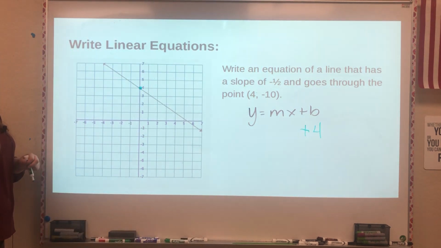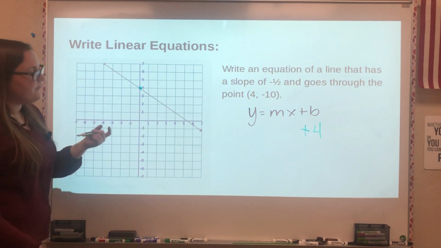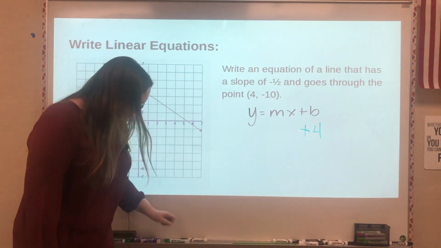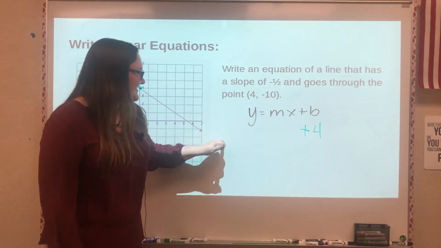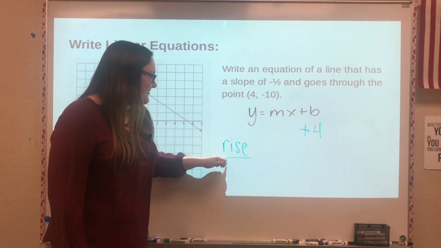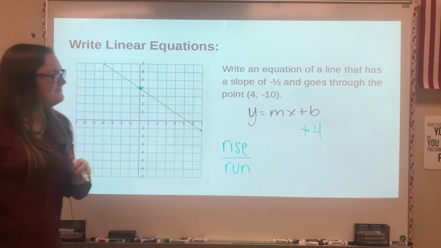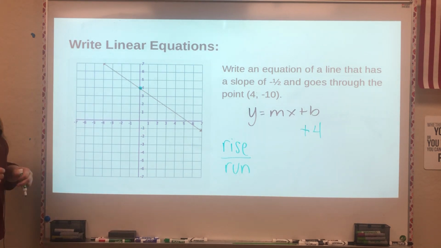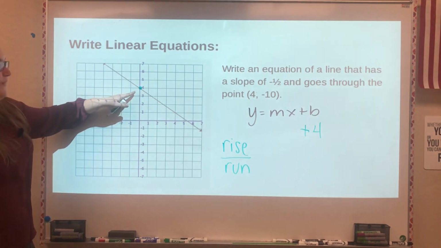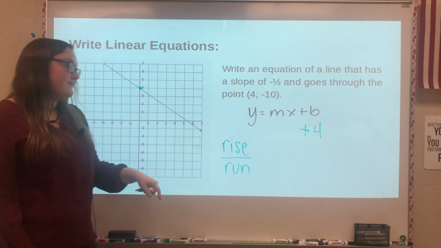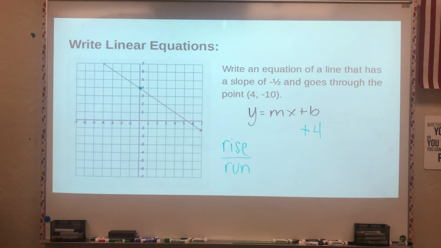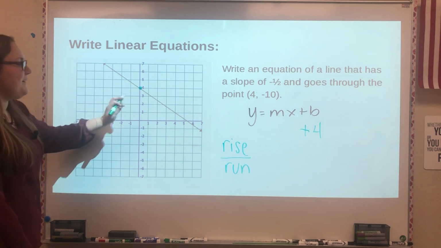Now my slope. In order to find slope from a graph, we are going to use rise over run. And when I look at the graph, I'm going to need a second point. I've got one point, but I need another point to count to so I can count the rise and the run. Now when you're picking points on your line, I don't want to pick a point like this.